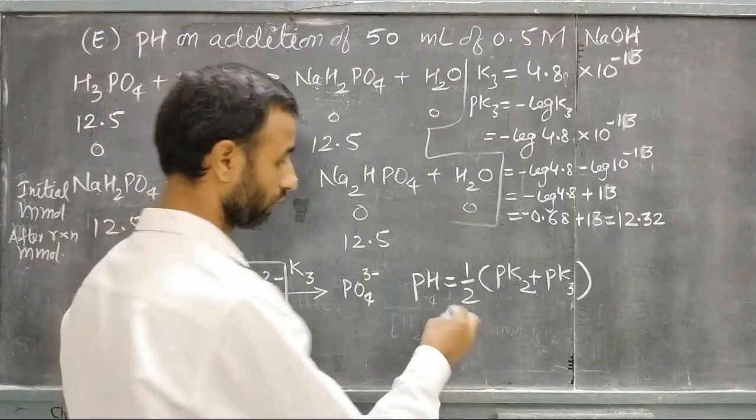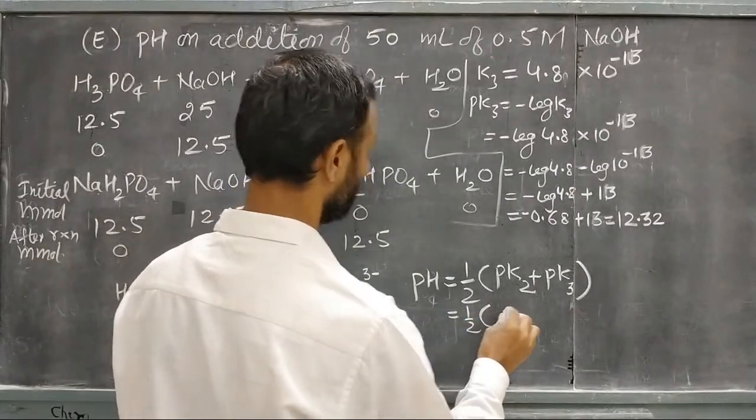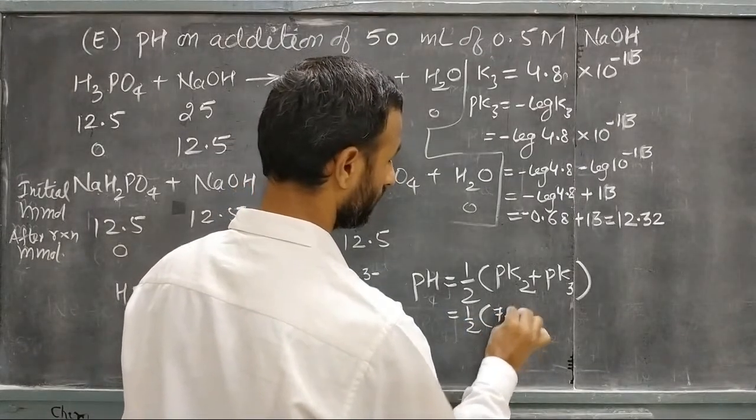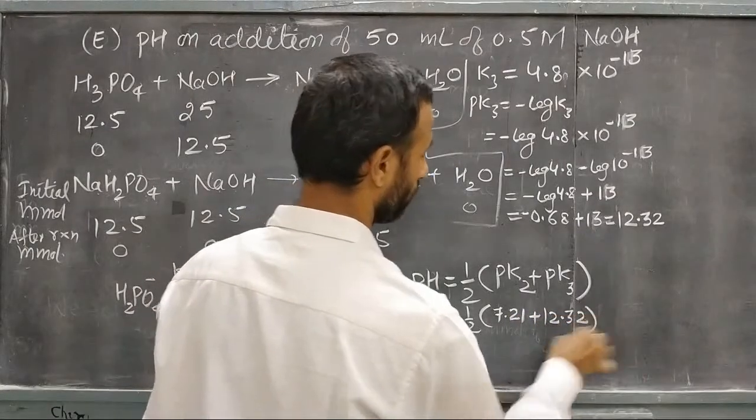Okay, 12.3. So it is half of pK2 plus pK3. pK2 was 7.21 plus 12.32.